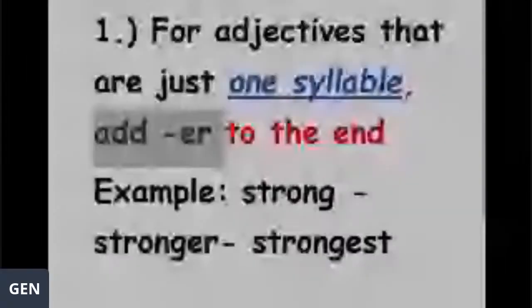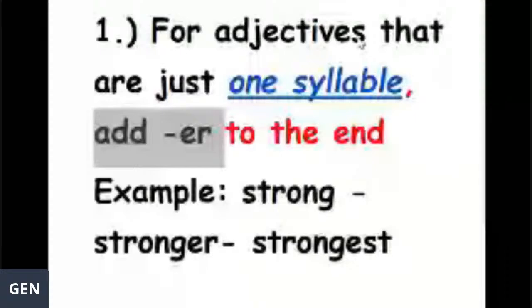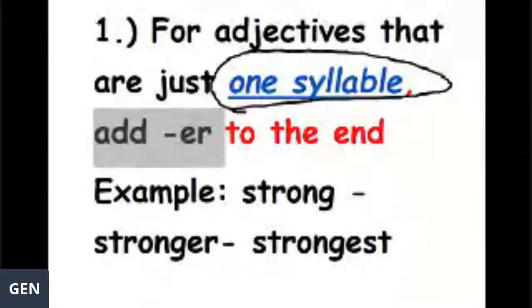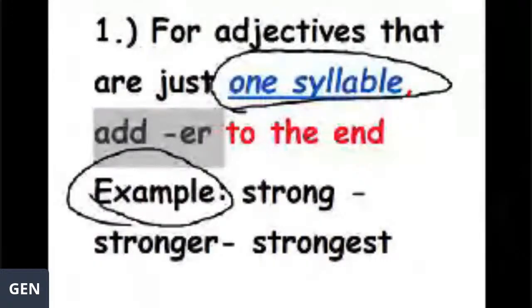Rules are very important in English, so we must know those rules. Let's have the first one. The first rule is for adjectives that have just one syllable: add er to the end. For example, strong.